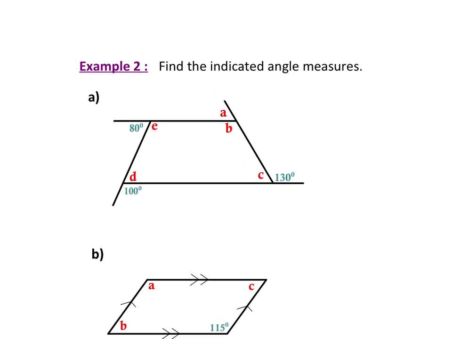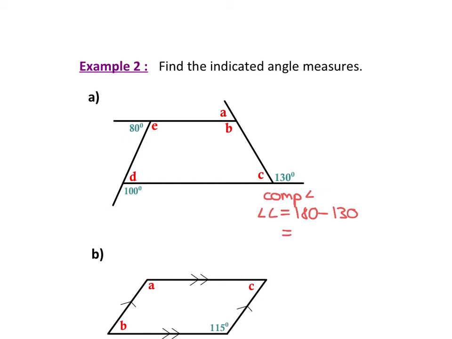So again, all they're asking us is to find the indicated angles based on the measurements. So as you'll see, we're given a lot of complementary angles to work with. Okay, so complementary angle. So for angle C equals 180 degrees, subtract 130. Okay.